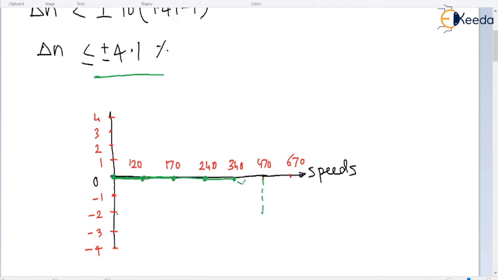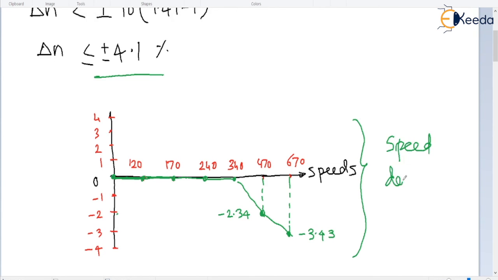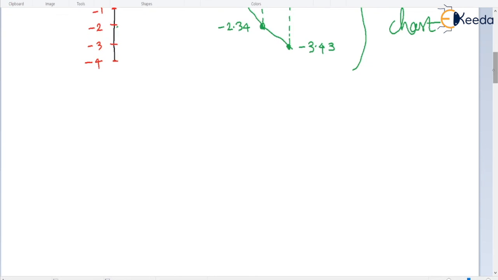And for 670, that is -3.43, so somewhere here you get the deviation line. This chart shows the speed deviation chart, which is the last point of our numerical, and here our problem is over.